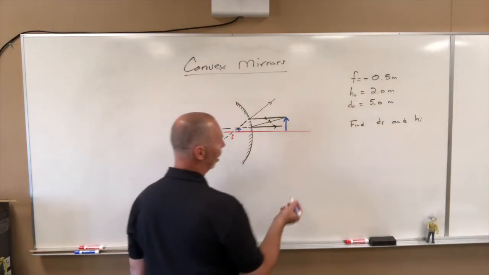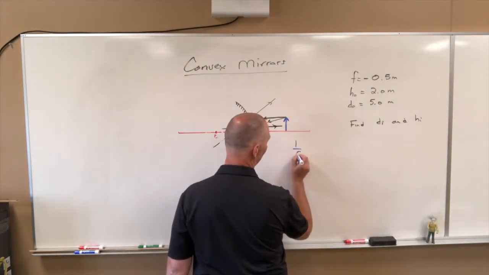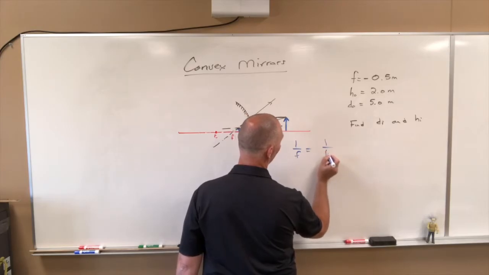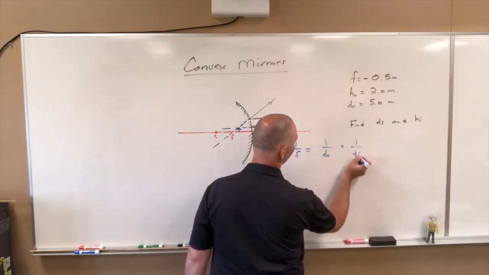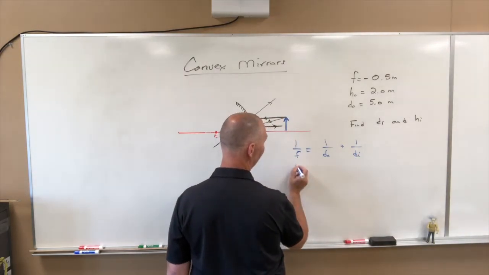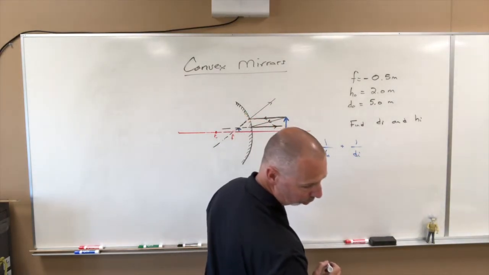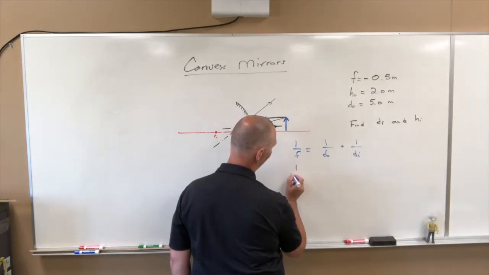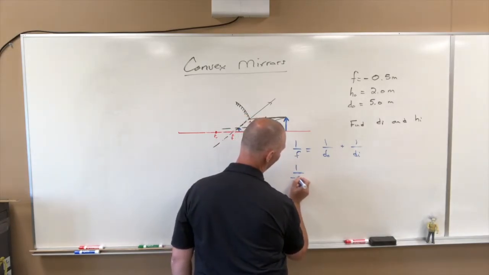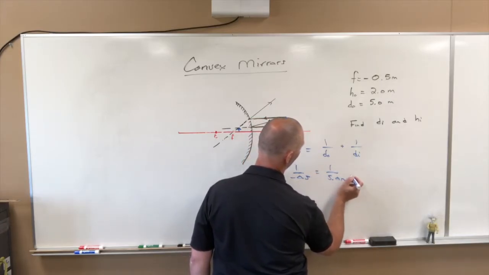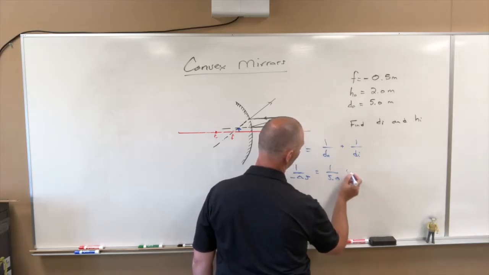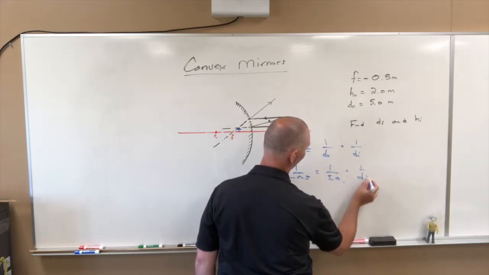We need to find DI first, so to do that we're going to use our formula 1 over F equals 1 over DO plus 1 over DI. Put in our numbers. We're going to go 1 over negative 0.5 equals 1 over 5 plus 1 over DI.